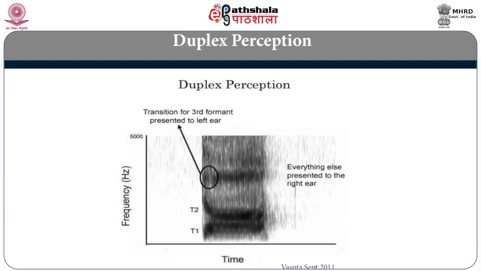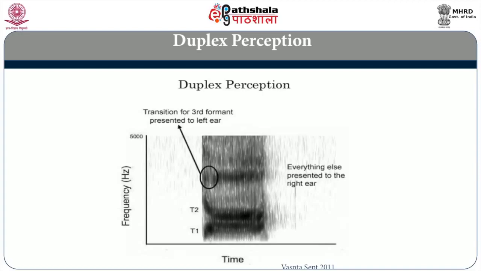So, you look at the spectrogram we are showing you on the screen. The circle shows transition of the third formant alone given to the left ear, and then everything else is presented to the right ear. That is transition plus the formant which contains the vowel information. The entire information is given to the right ear, and the left ear is receiving only the formant transition which sounds like a chirp or whatever.